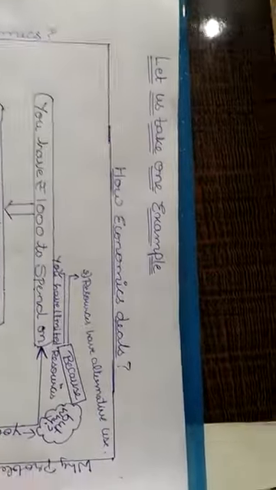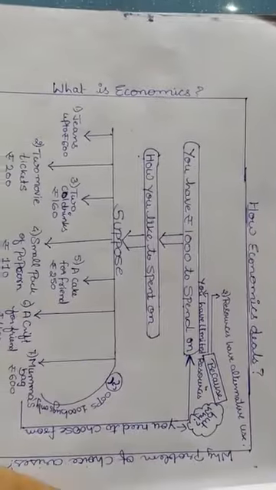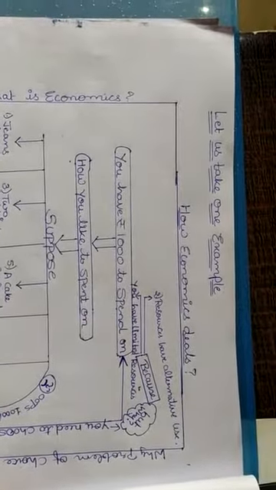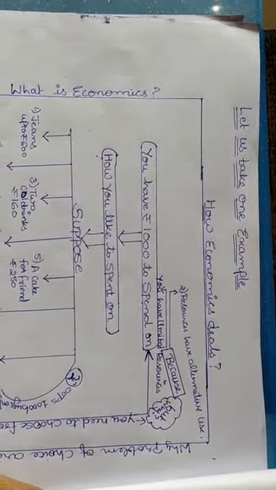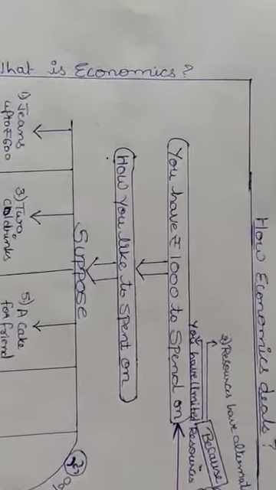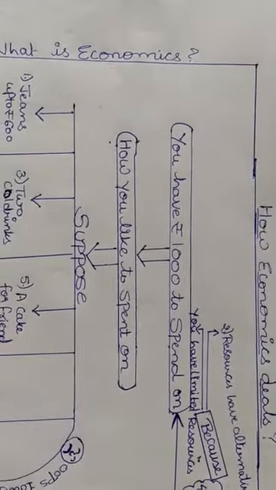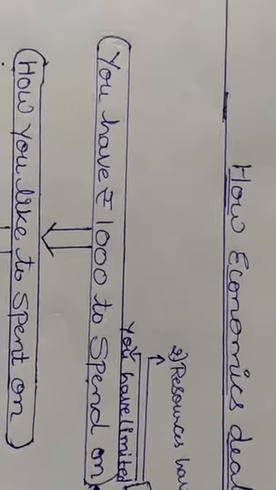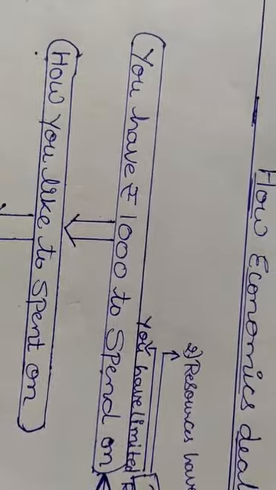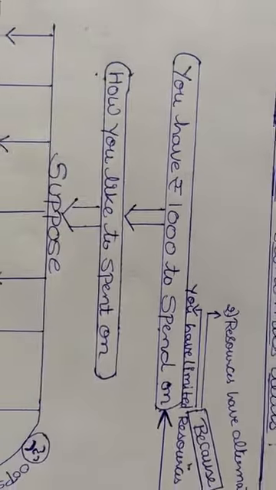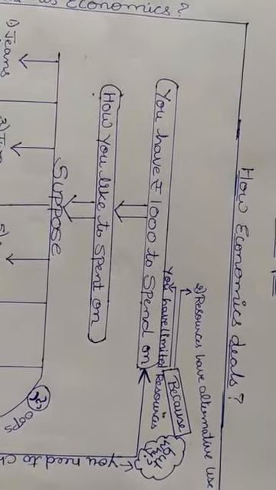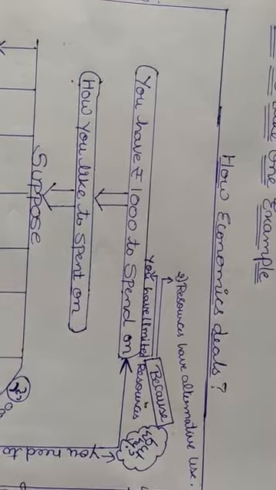Guys, I have drawn one example, or you can say one picture, to make the things understandable in a very graphical way. Okay, have a look. Suppose, let's take one example. Suppose you have 1000 to spend. Yes, Mama allows you 1000 rupees to spend. Yay, having fun, right?